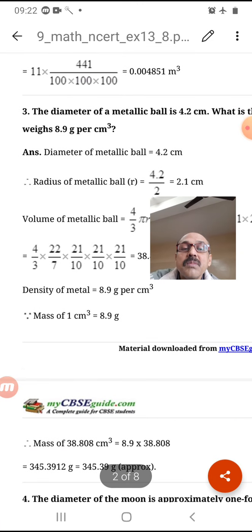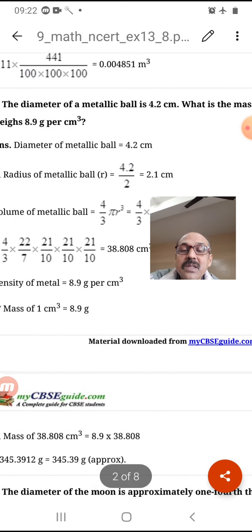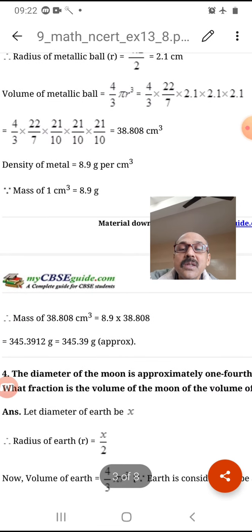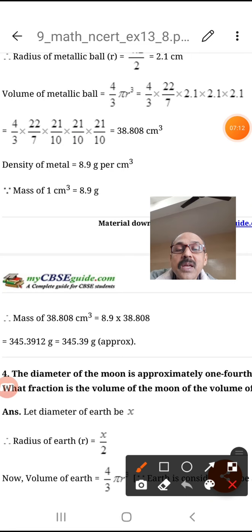Now mass of total volume is 38.808, so mass of 38.808 is multiplied by 8.9, because 1 centimeter cube equal to 8.9 gram, so it is 345.3912 gram. So that is approximate value 345.39 gram.